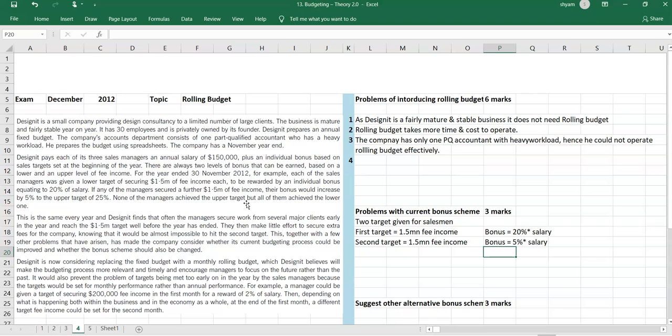None of them achieved the upper target at all. So why should they achieve it? Why should they achieve this kind of an upper target?